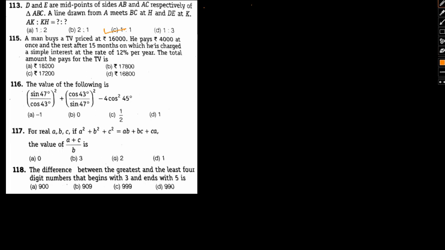Yes, so 115. A man buys a TV priced at 16,000. He pays 4,000 at once and the rest after 15 months, on which he is charged a simple interest of 12% per year. The total amount he pays for the TV is, okay, so the cost is 16,000.